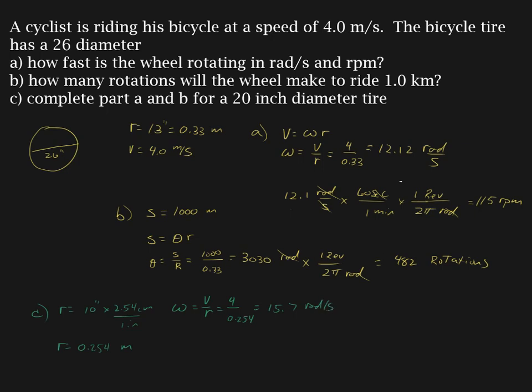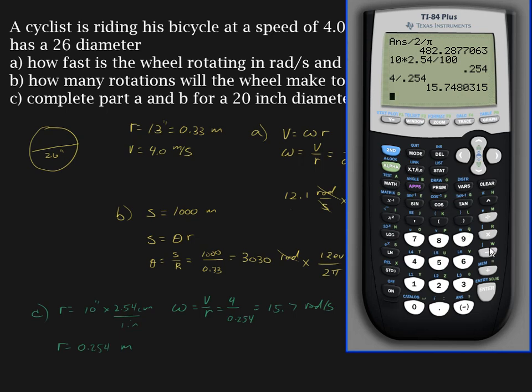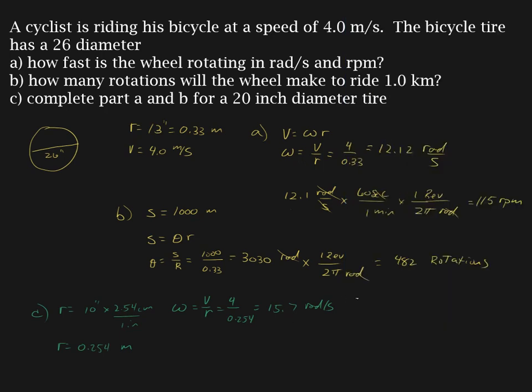If we want to convert that to RPMs, we just multiply it by 30 and divide by pi. So we take our value, multiply it by 30, divide that by pi, and we get 150 RPMs. So there's our answer to part A of part C.